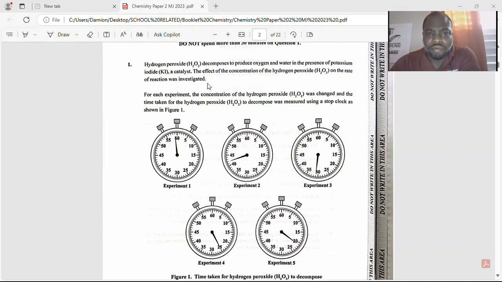Now, we should know a little bit about rate of reaction. It is how fast reactants break down or react to produce products, or how fast products are formed. Can you remind me of some of the factors that affect rate of reaction?